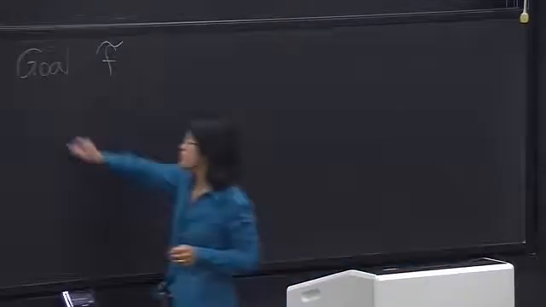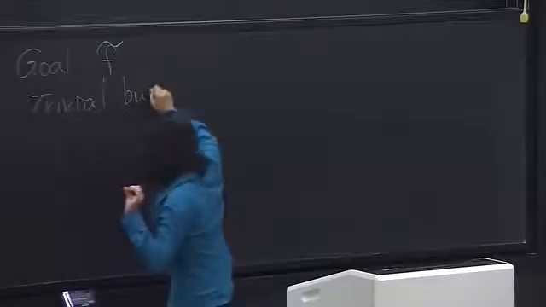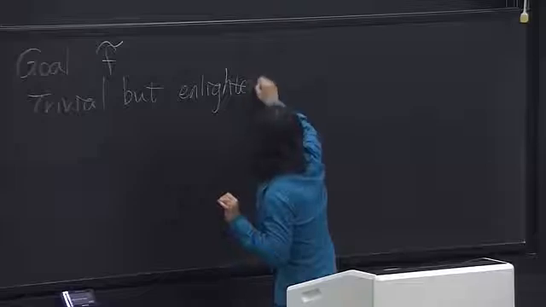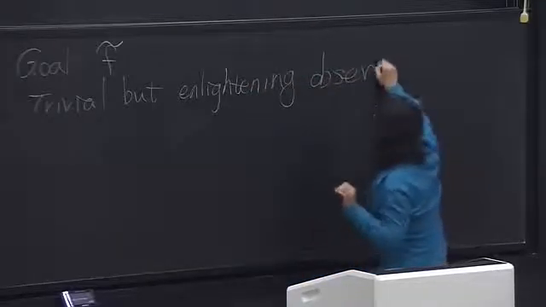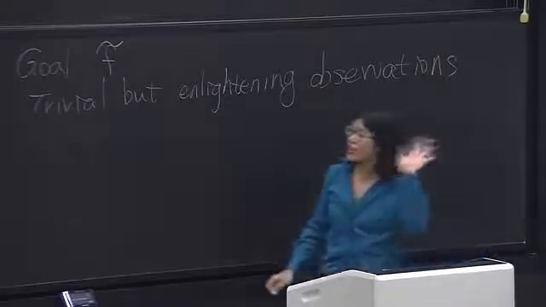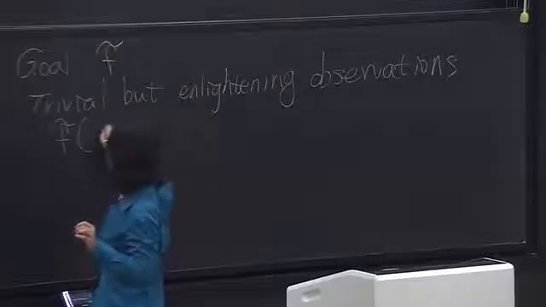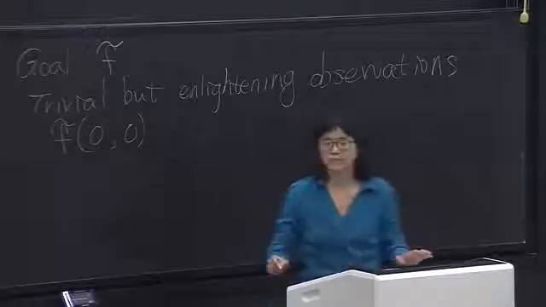Let's make some trivial but enlightening observations. Why they are enlightening, we will soon see. But they are not hard to make. For example, I can make an observation and say, what if I take both the parameters to be 0?